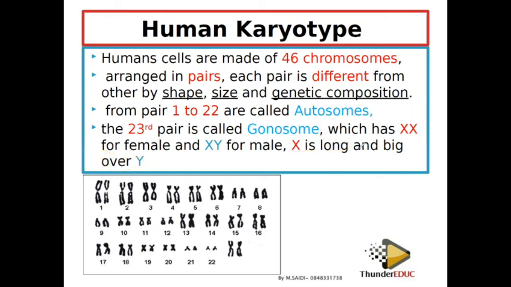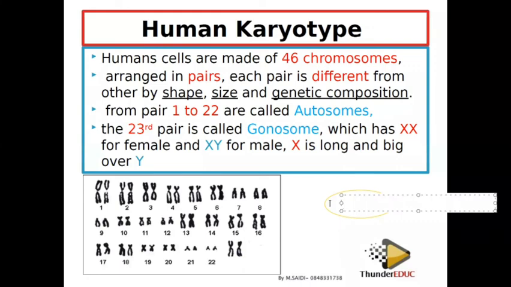Okay? Now, this is a human karyotype, this one. Let me try to draw a circle here that shows that this is a human karyotype. Let's put it a little bit on this side. Okay, yes, it's gonna be okay there.